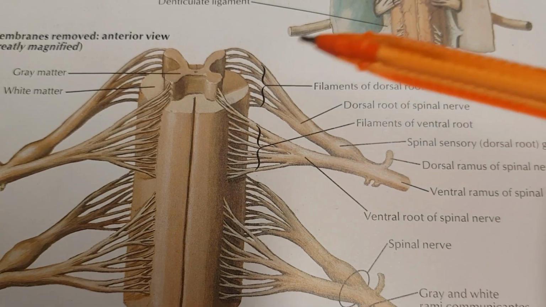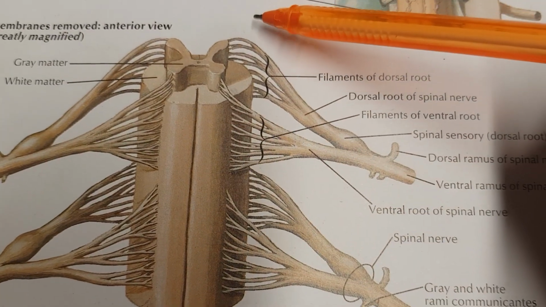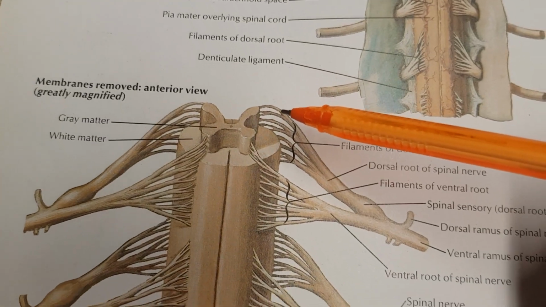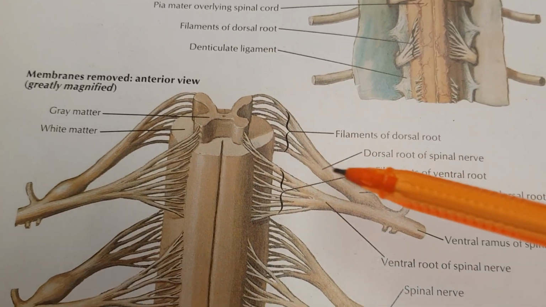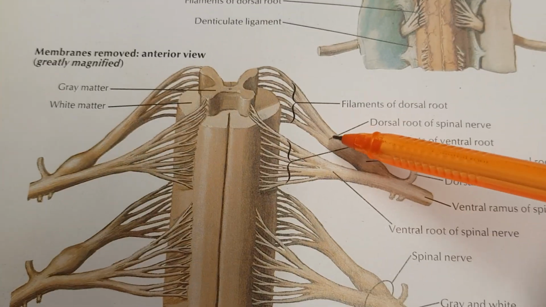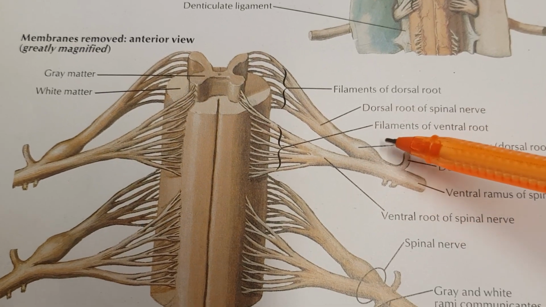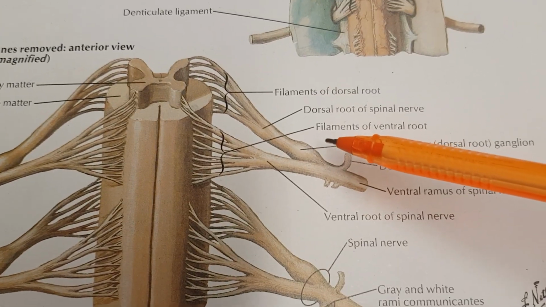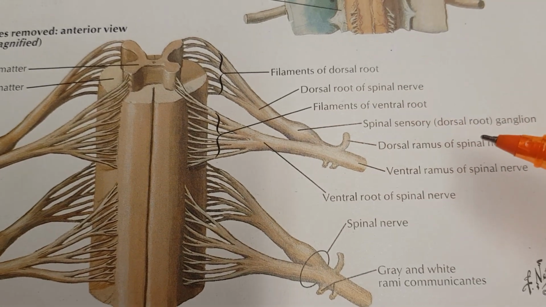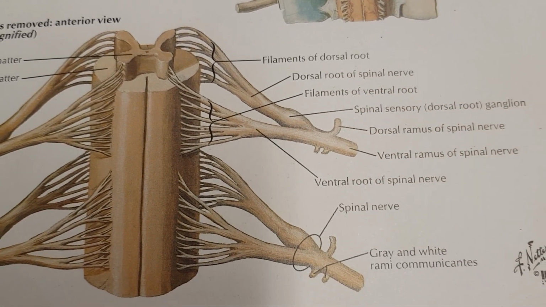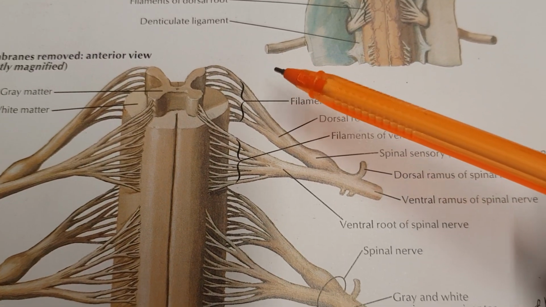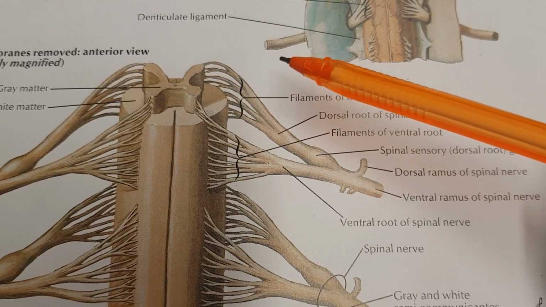How do we know that this is the ventral part and that is the dorsal part? We can easily identify that because right at the back we have what we call the dorsal root ganglion, because we know the nerves from the body to the spinal cord will enter at the back of the spinal cord.